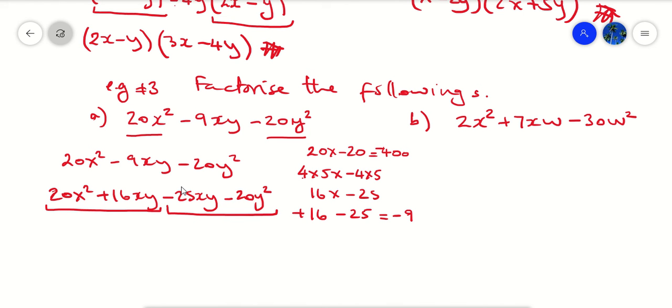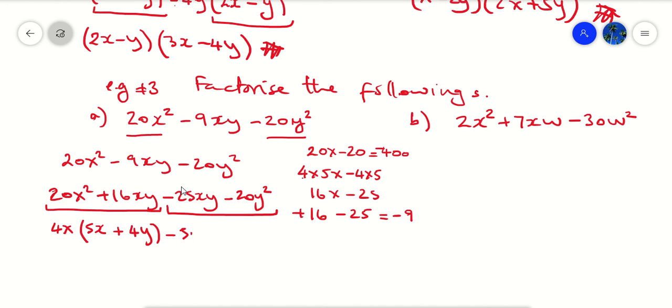What's the common factor between the first two terms? I can pull 4x outside, and what will I be left with? From the 20x squared, if I put 4x outside, I'll have 5x, plus, if I pull 4x from 16xy, I'll be left with 4y. Now between the last two terms I have minus what?